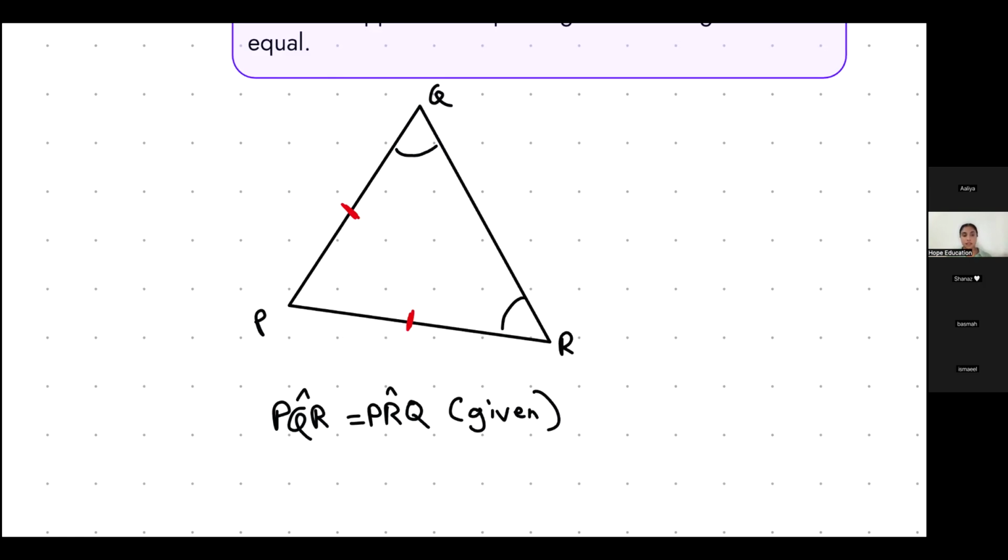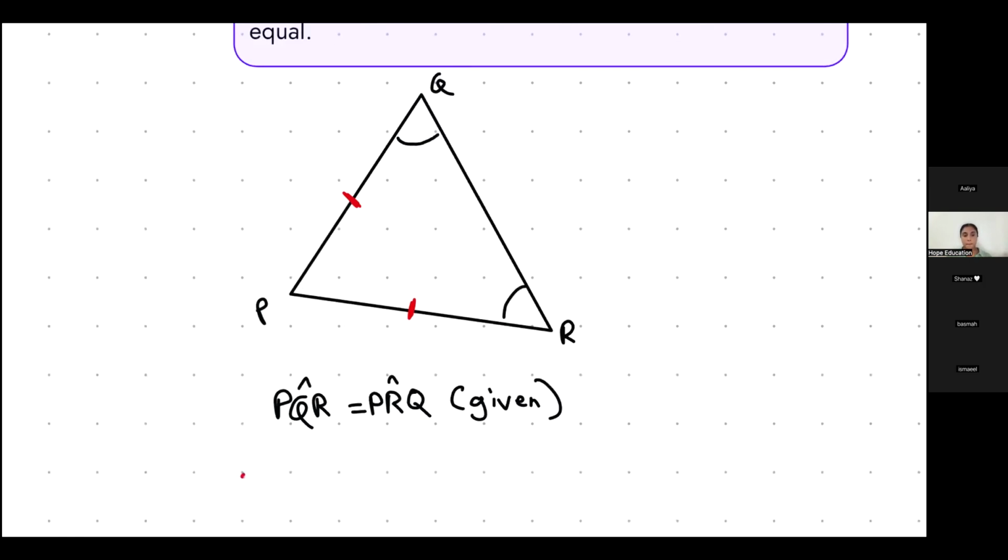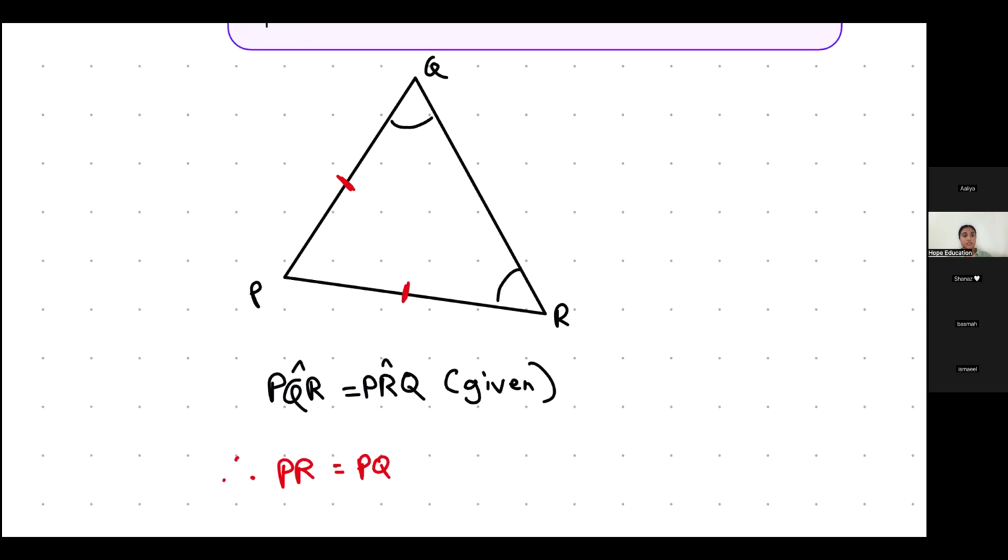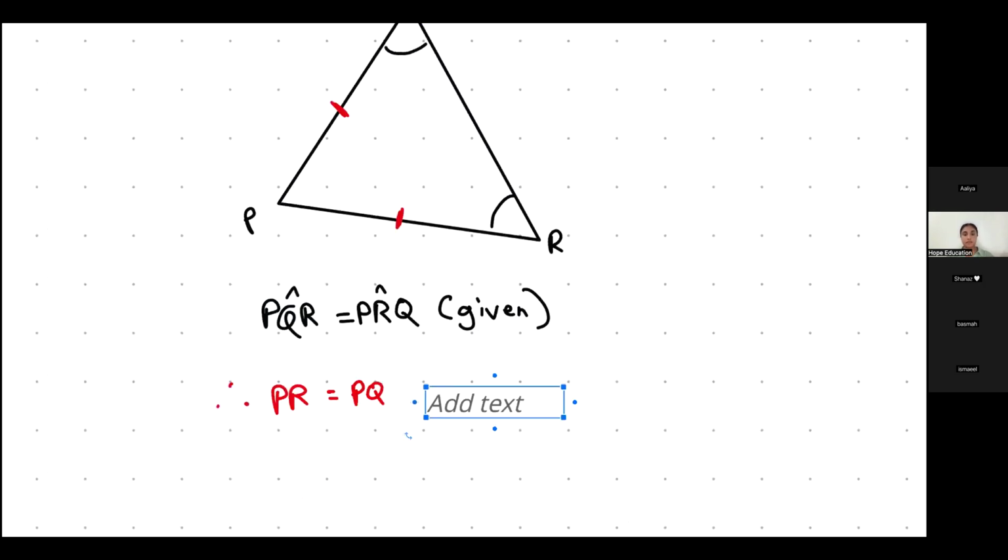So we can say therefore PQ equals PR. The reason we write is: sides opposite to equal angles in a triangle.